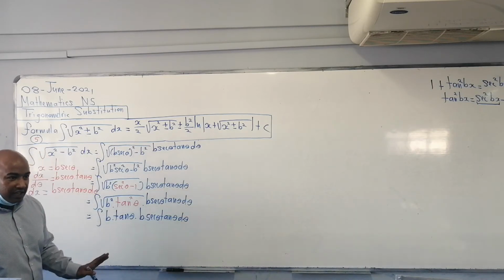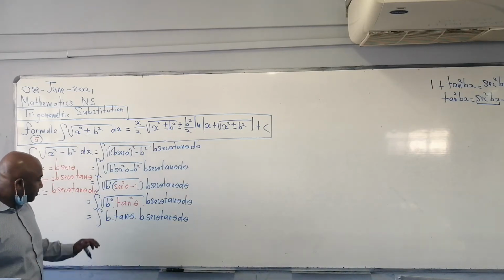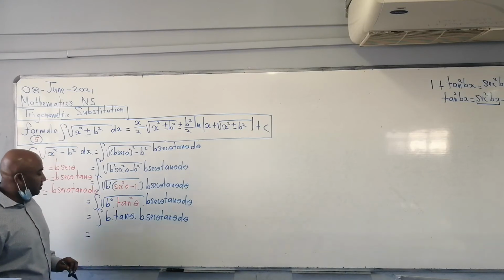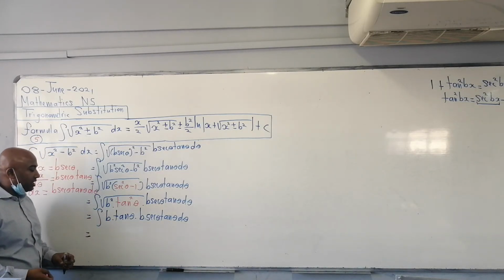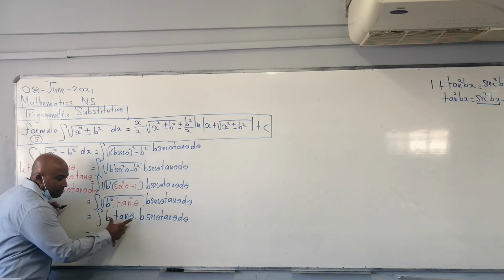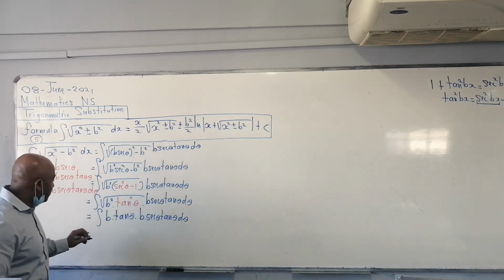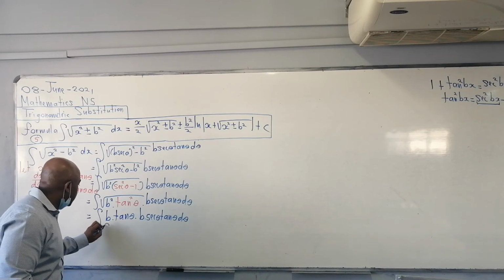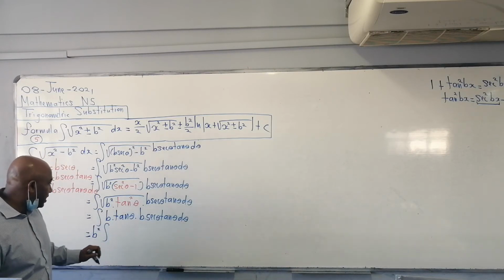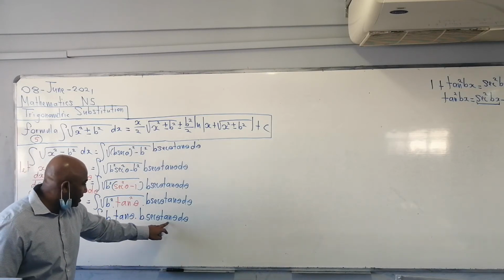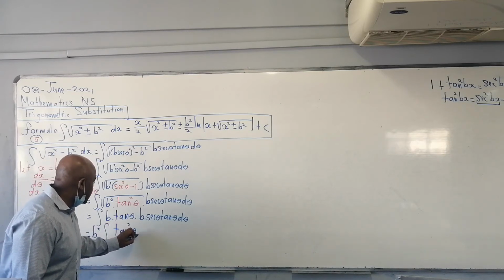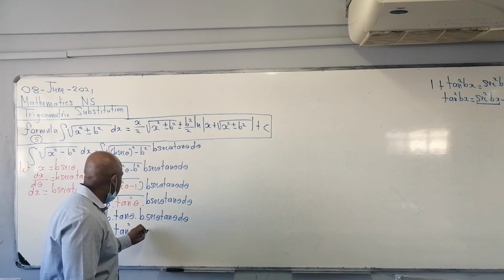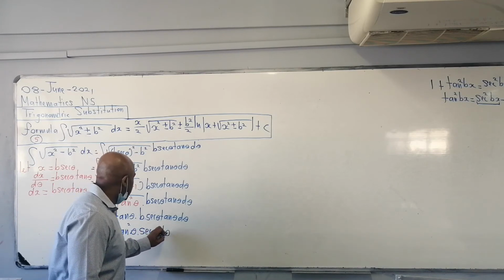Okay, so this is like revision for integration. So now I'm talking about integration of trigonometric functions. Now you can see you've got tan and sec. So b times b, my constants, will be b squared. Then I got tan times tan, which is going to give me tan squared theta times sec theta d theta.